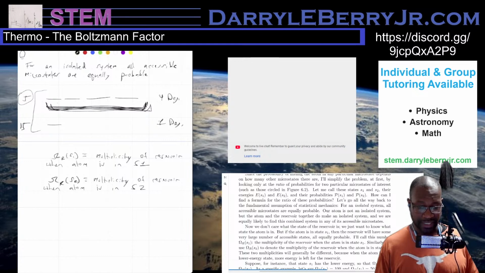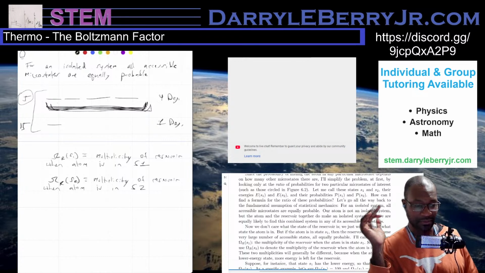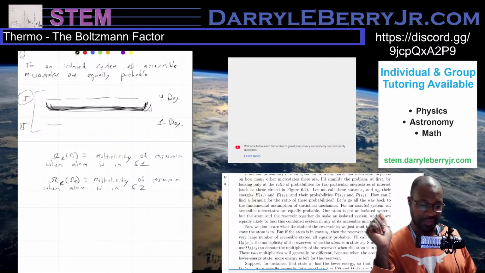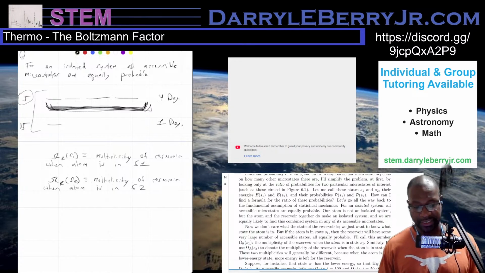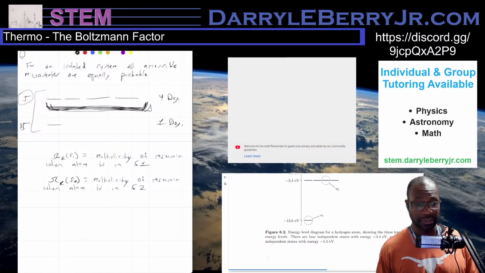The one thing that comes to mind is my understanding is the reservoir is basically assumed to be infinite. But it seems we're considering the reservoir as finite, and thus the energy difference of the system being in one state or another does seem to make a difference in the reservoir.